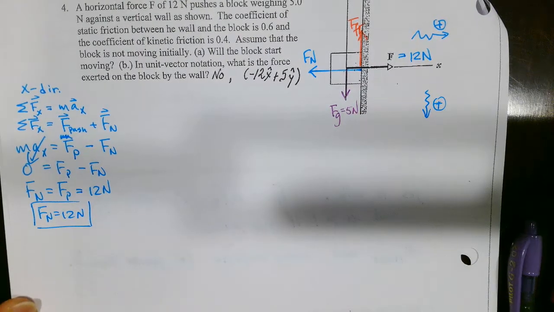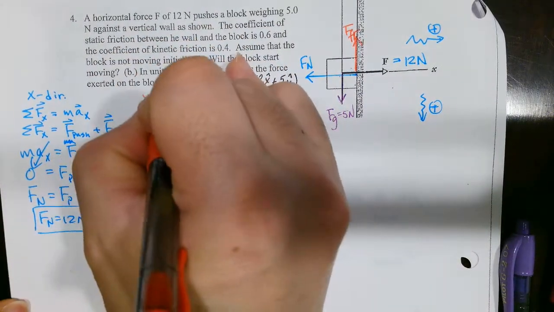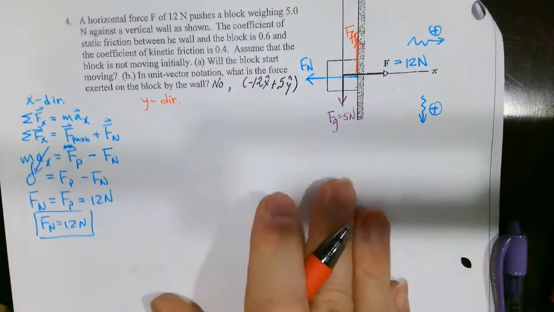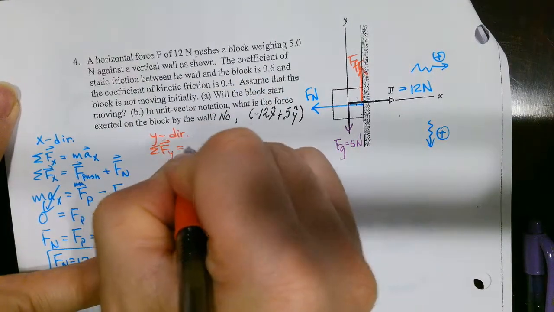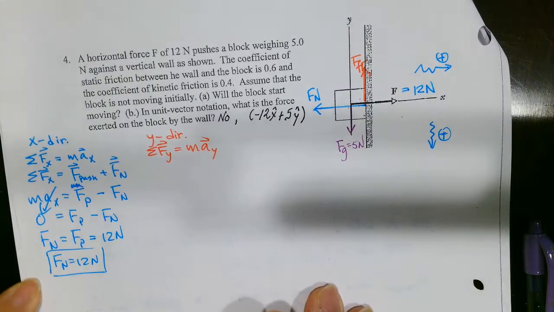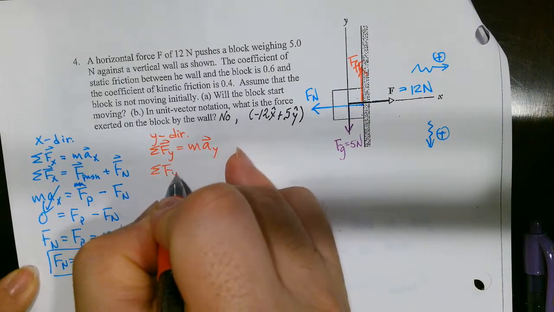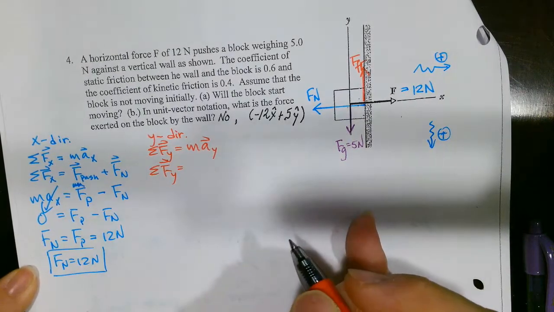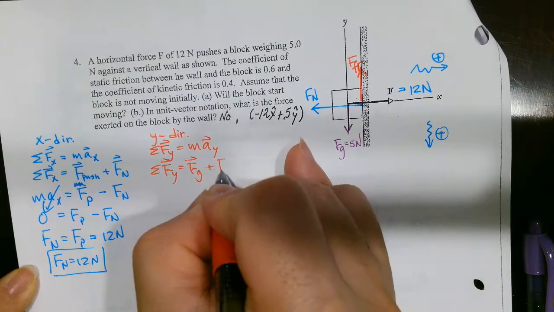That was obvious. Now let's take a look at the y direction. The sum of all forces in y is equal to may. I have 2 forces: Fg plus F friction.